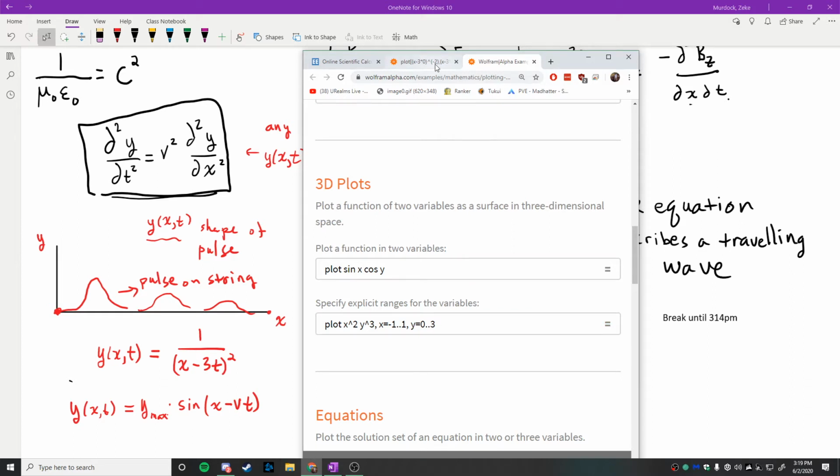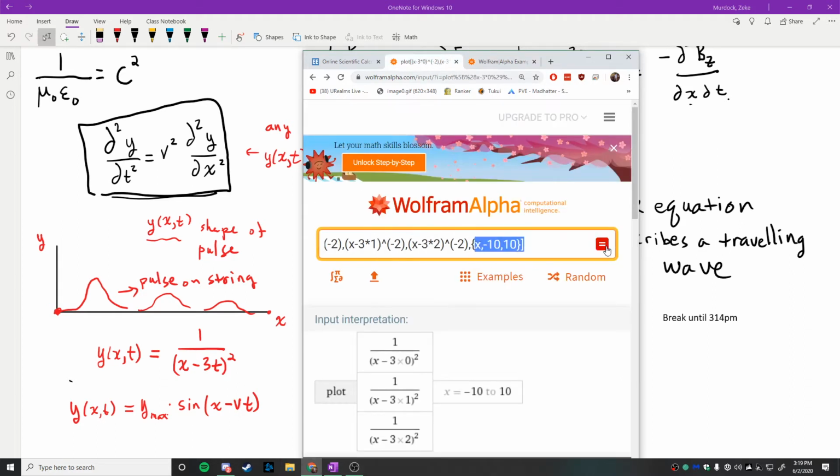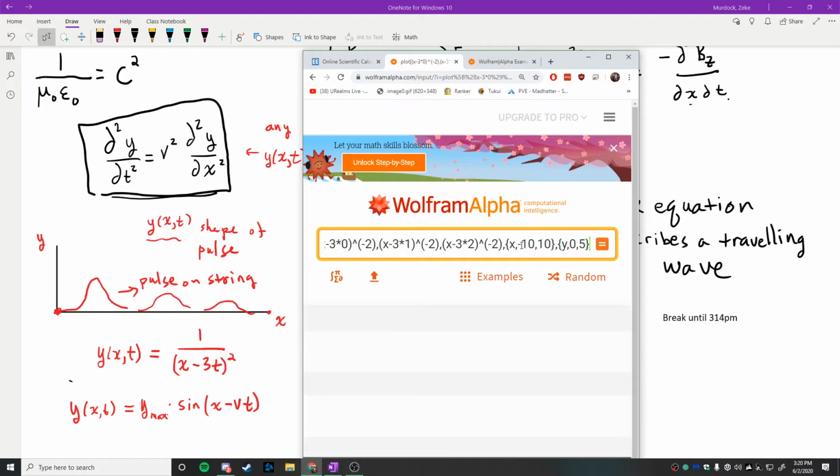Okay, just y equals. So I'll do the end of this. We need to have y go, comma, y, comma, 0 to what? Probably like 5 should be enough, I think. Let's try that.